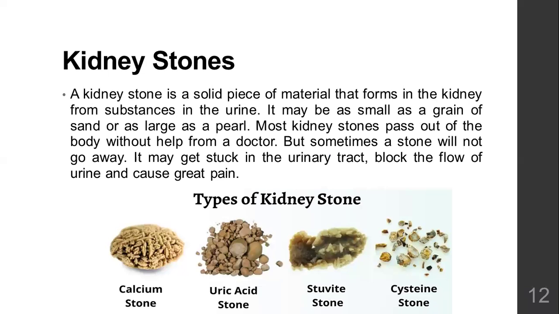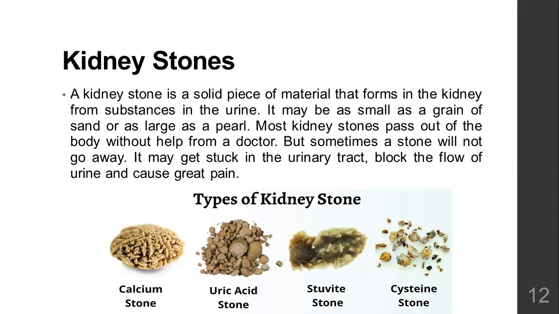Then you have kidney stones. Kidney stone, urolithiasis, is a solid piece of material that forms in the kidney, and it cannot be passed easily with urination. The size of the kidney stones depends.